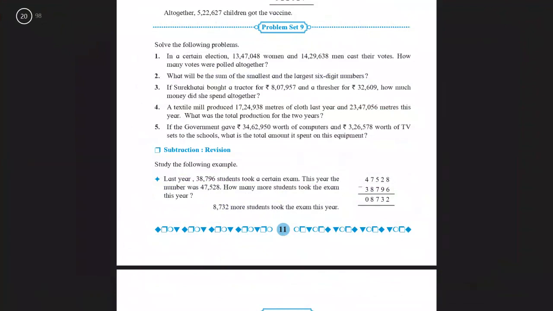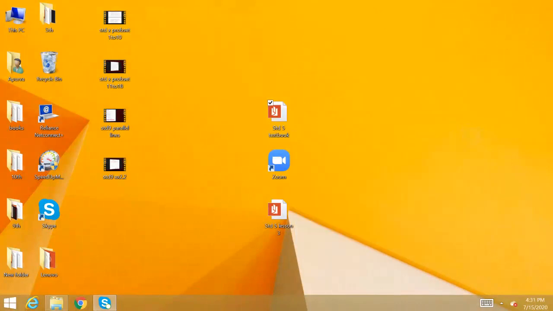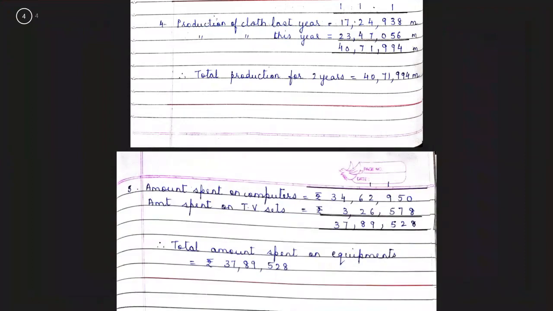Question number 4. A textile mill produced 17,24,938 meters of cloth last year and 23,47,056 meters this year. What was the total production for the 2 years? Now again, to find out the total production, we need to add both the values. So production of cloth last year, 17,24,938 meters.